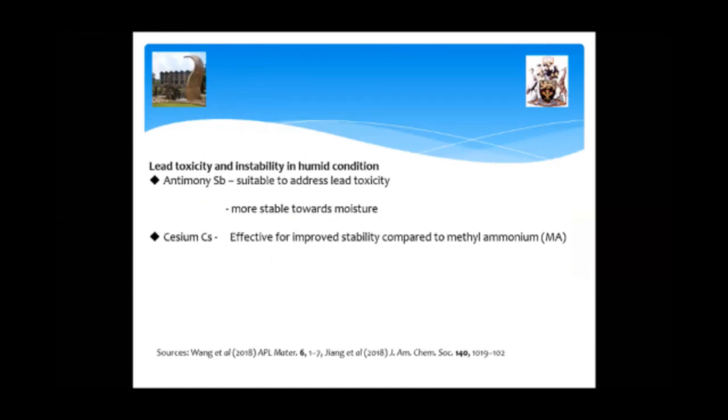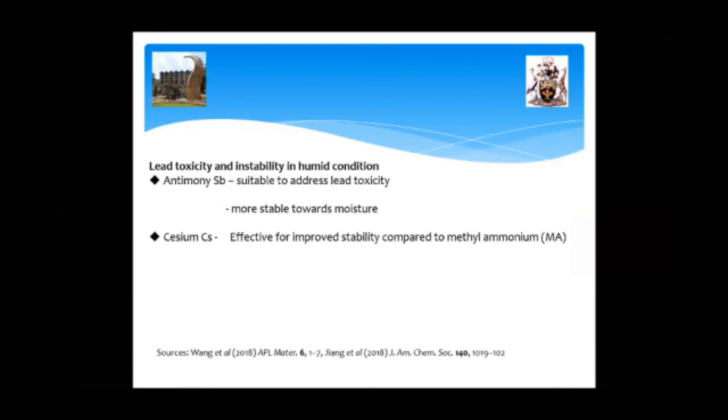In as much as perovskites are promising photovoltaics, which might be commercialized for future use, they are faced with some challenges. One of the challenges faced by the perovskite solar cells is the lead toxicity and also instability in humid conditions.